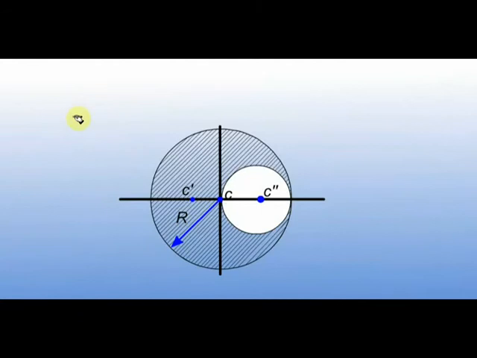Now what we'll do is we'll take this circular disk as being constituted by two parts. One is the shaded region of mass 3m by 4, and one is this hole of mass m by 4.